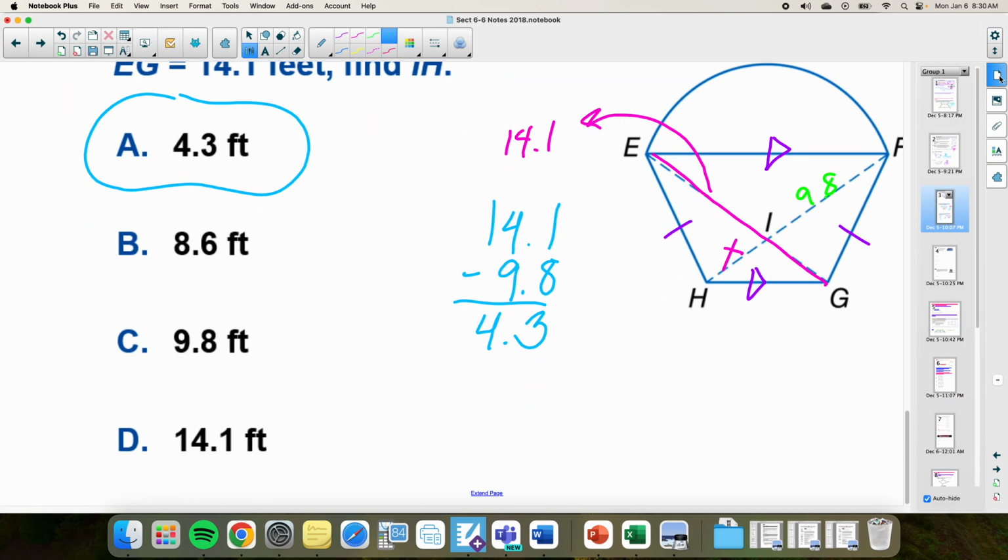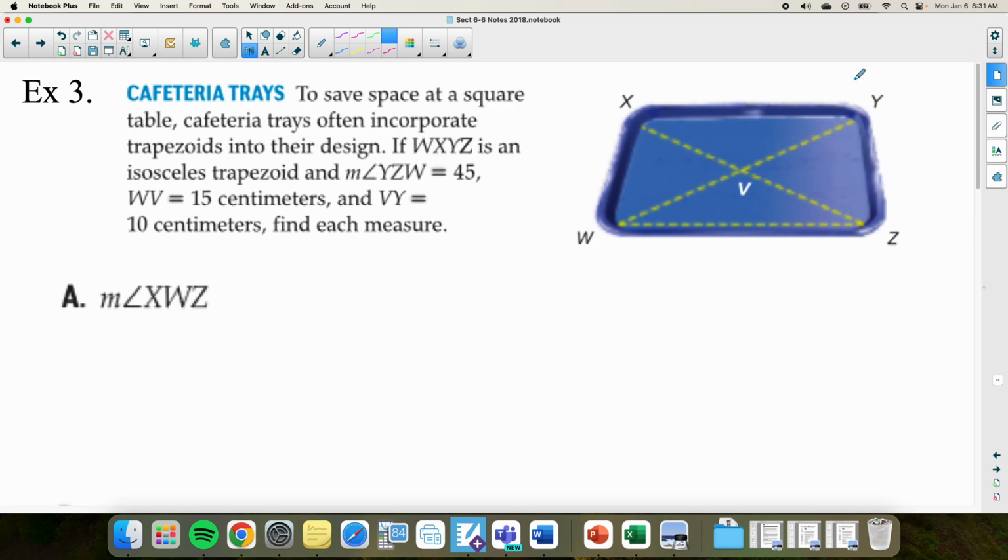All right. So now if we look at this one, this is talking about cafeteria trays. It says to save space at a square table, cafeteria trays often incorporate trapezoids into their design.